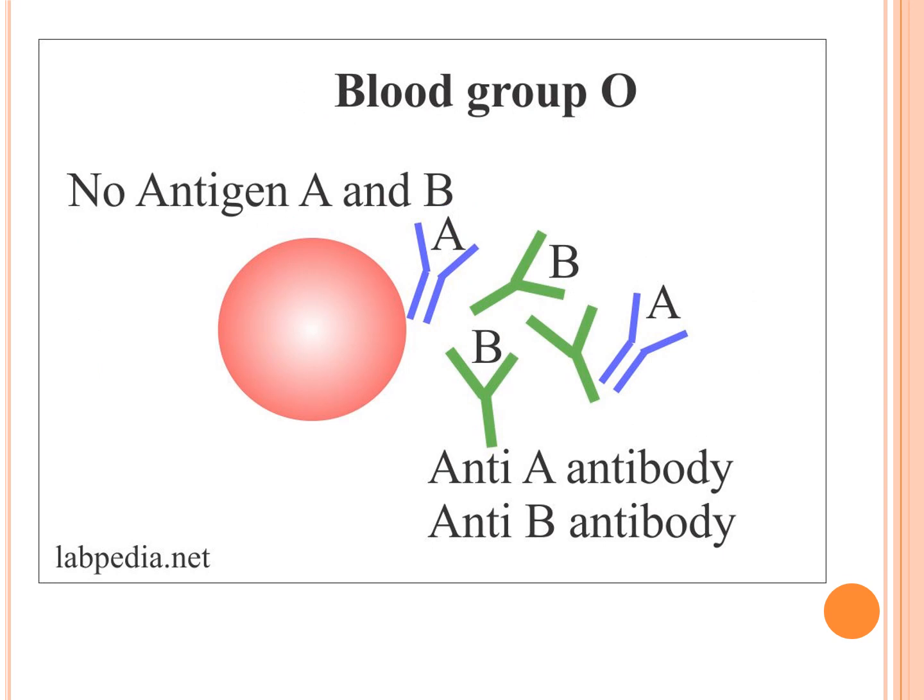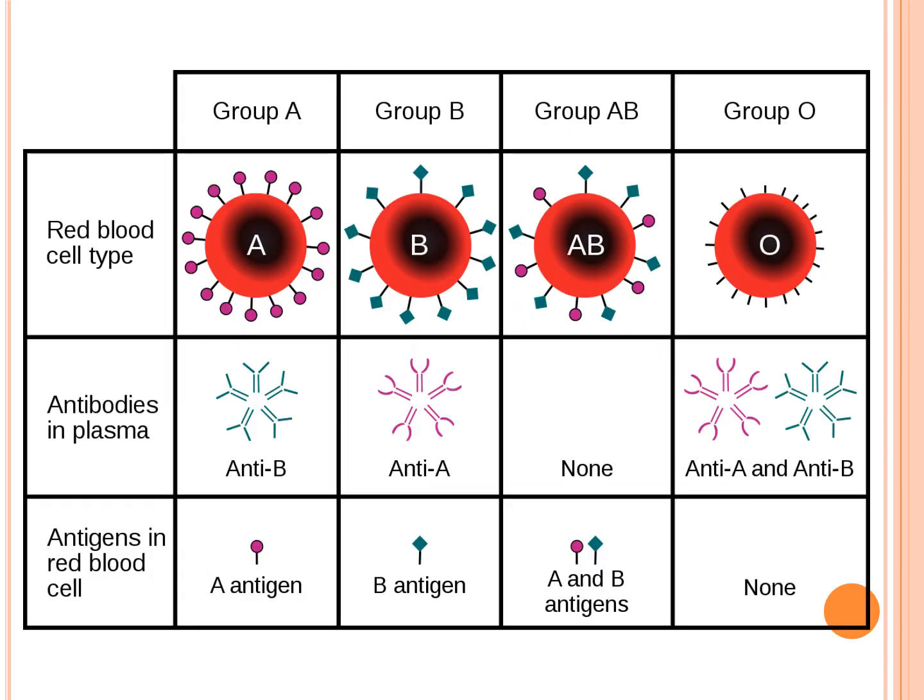O are those people who have blood group O. They have no antigen on the surface of the cell, but they have both antibody A and antibody B. Here also you will have O positive and O negative. So this is what we've learned about blood group.